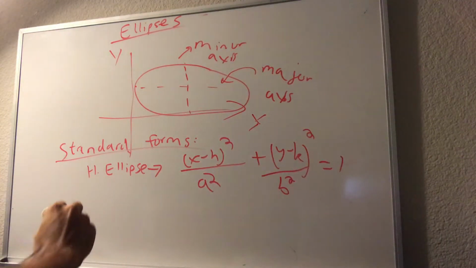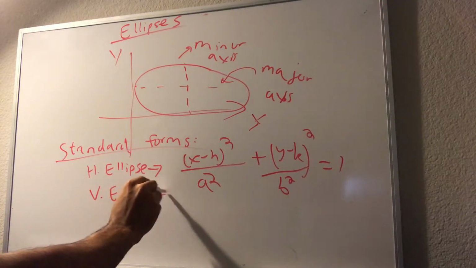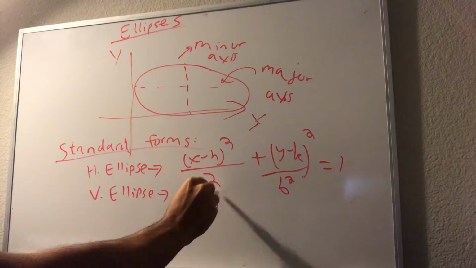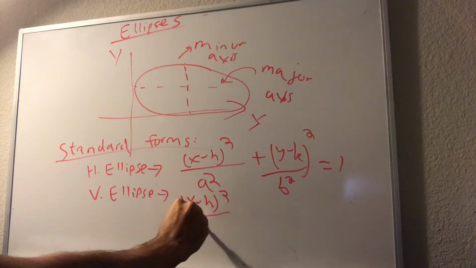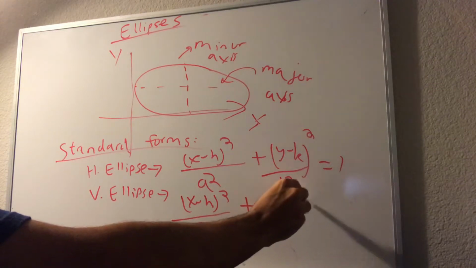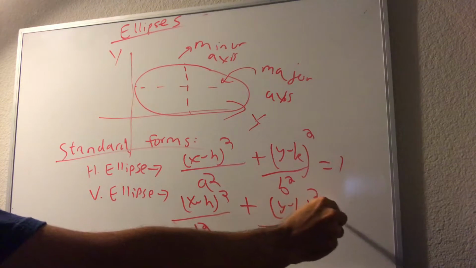For a vertical ellipse, you have (x minus h) squared divided by b squared, plus (y minus k) squared divided by a squared, equal to 1.